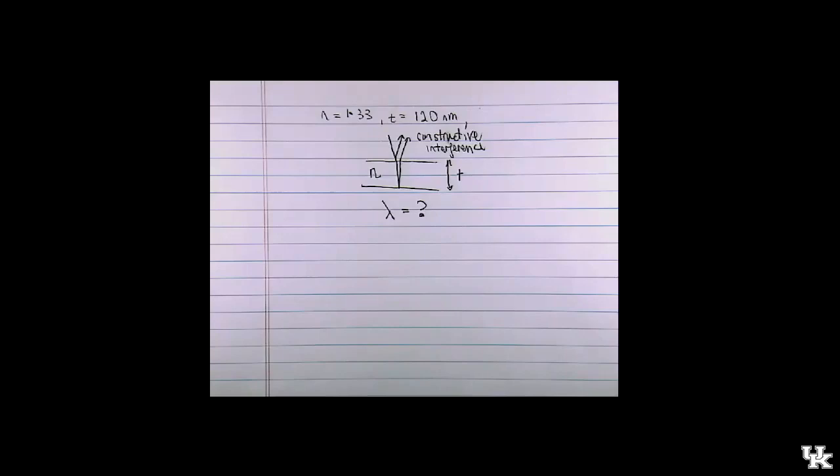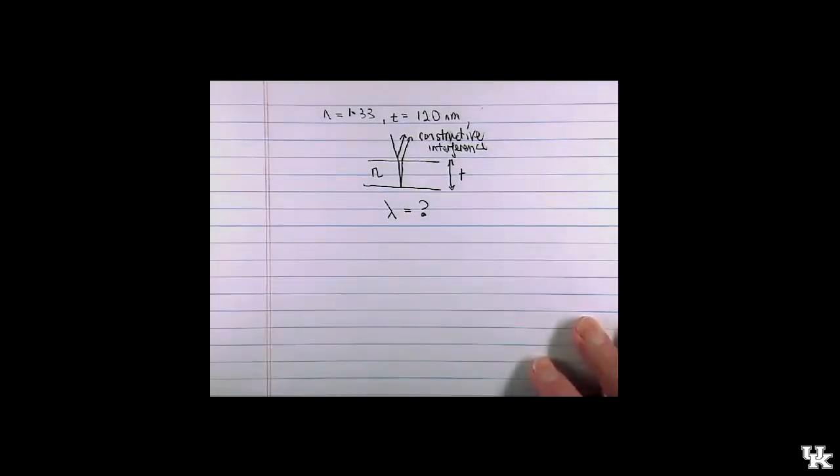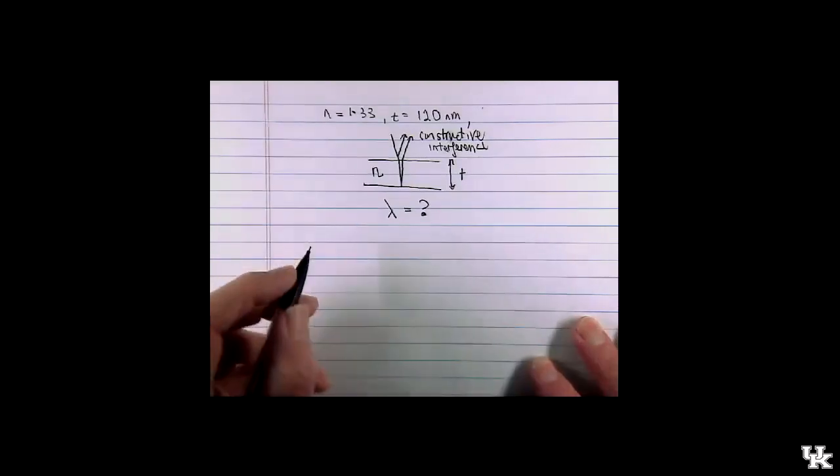If it is, you've found a visible wavelength that's strongly reflected. If not, you're going to have to try m equals 1, and see if you get constructive interference of visible light, and so on and so forth. So there is a bit of trial and error in the way this problem is set up, because we weren't told m. If you remember the two-slit calculation, we were told m equals 1 and m equals 2. In this one, we're not told an m value.